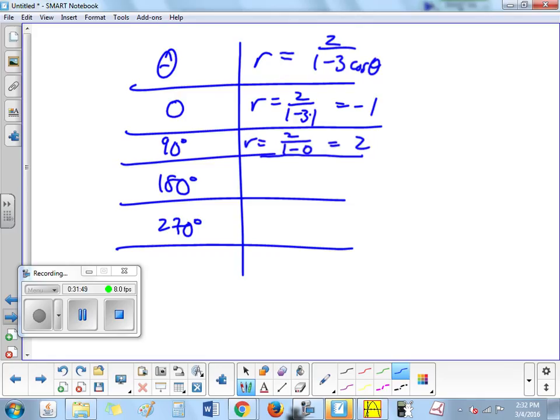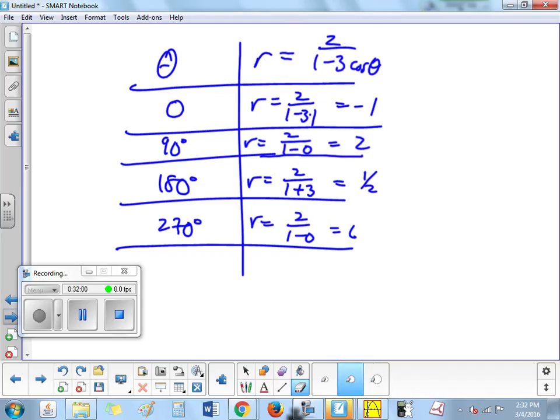So that's just 2. If you plug in 180, it's going to be 2 over 1 plus 3, which is a half. And if you plug in 270, it's going to be 2 over 1 minus 0 again. That's 2. So a couple of these are duplicates. You know how that is. Anyway, the reason I let you make this table is because it quickly answers some big questions.